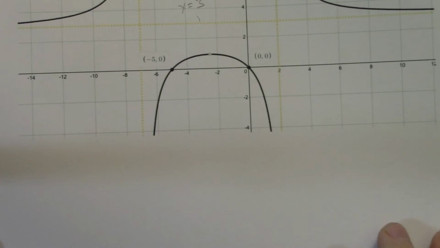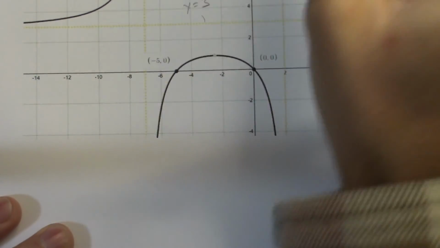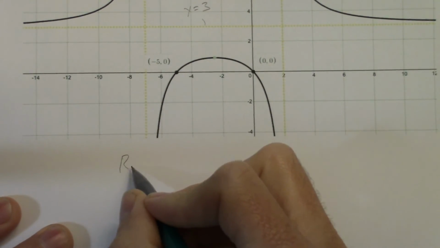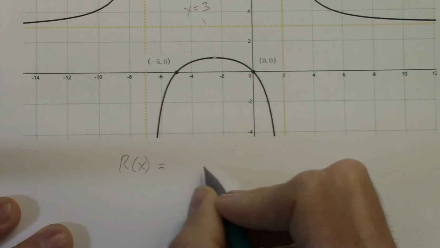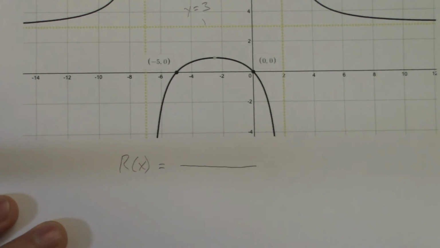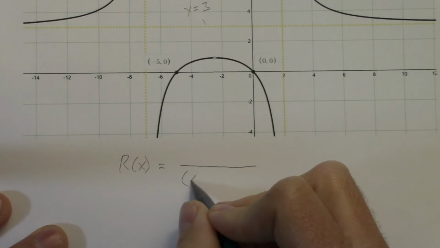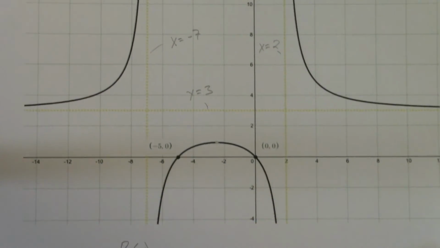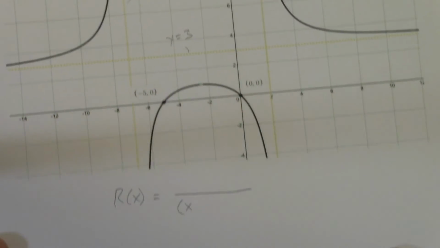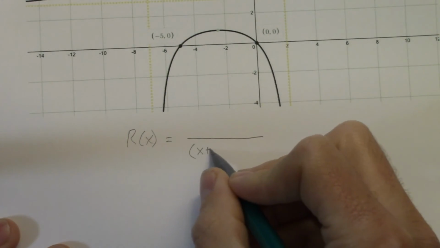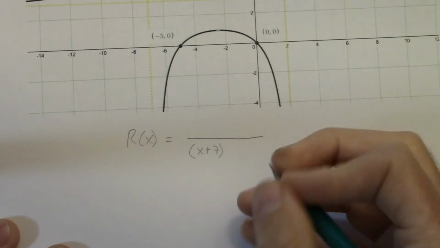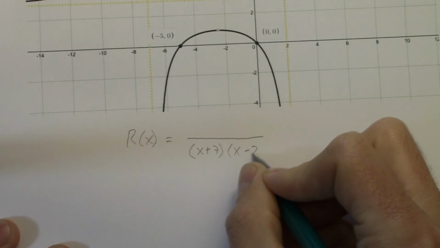So let's write our rational function here. We've got r of x equals, and it's going to be in this form. Let's start with our vertical asymptotes in the denominator, because we know what those have to look like. Since there's one at negative 7, I'm going to write x plus 7. Since there's one at 2, I'm going to write x minus 2.